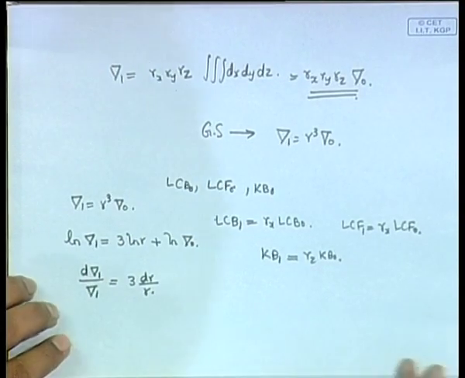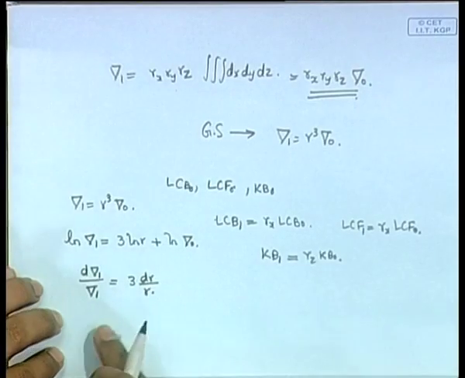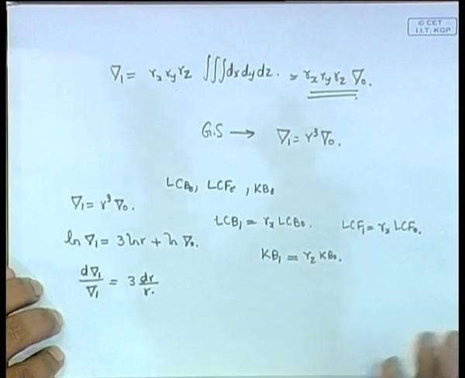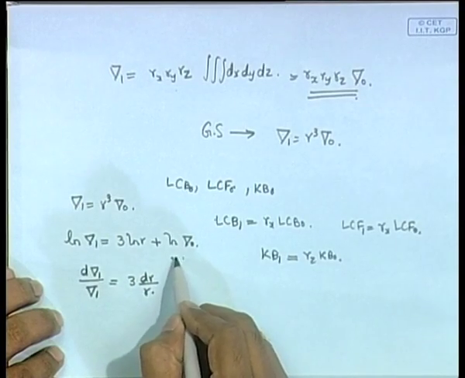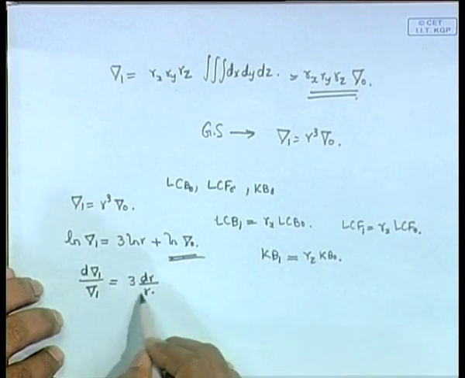When the scale is changing, how is delta changing as a result of that? That is what we are trying to do here. Therefore, delta 0 is a constant, so the differential of this will become 0. So, it just becomes this.